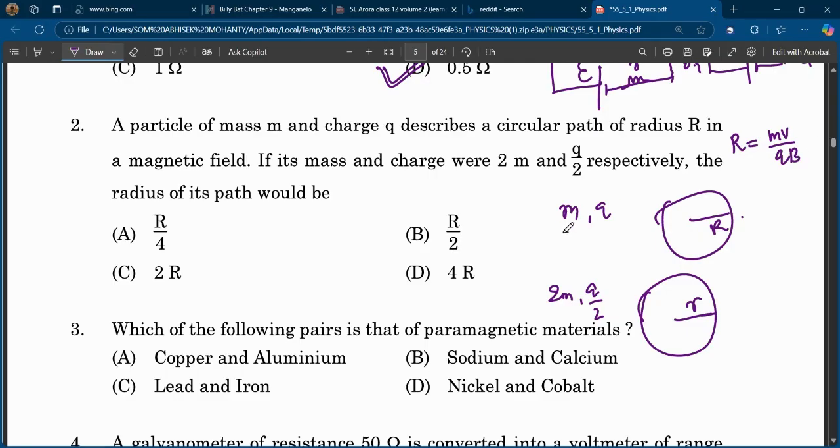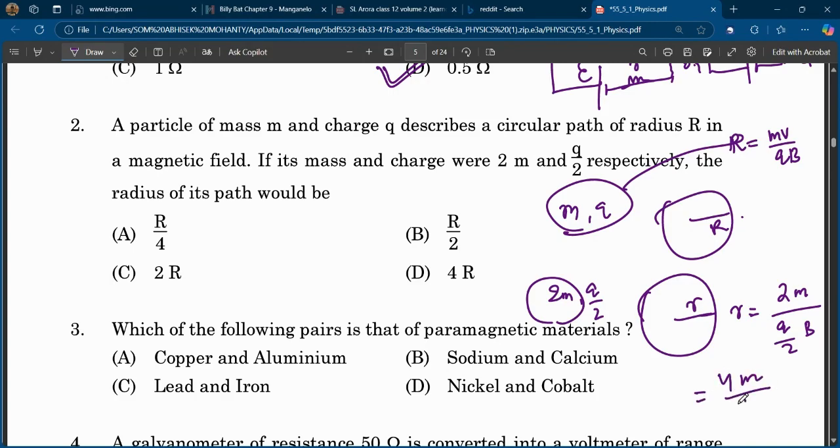Here the new radius will be what? The mass is 2m, so 2m v by q by 2 into B. So the 2 goes off, so 4mv by qB. So 4mv by qB is what? 4r. So the answer is 4r. Easy question again.